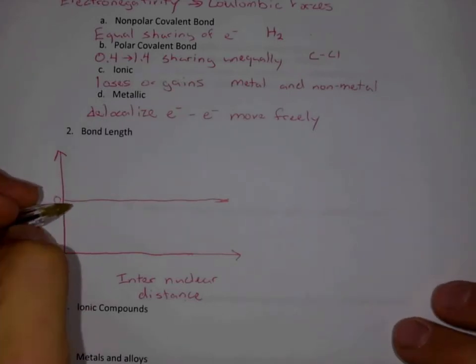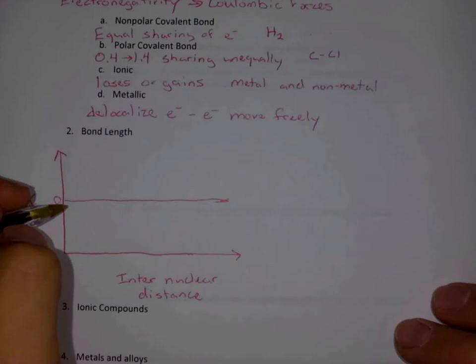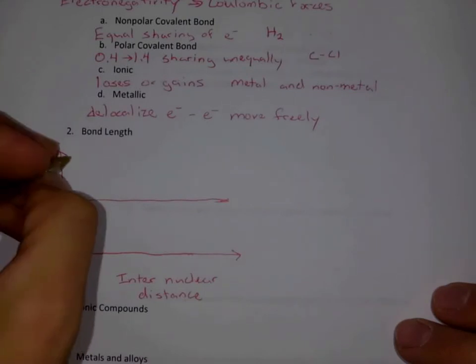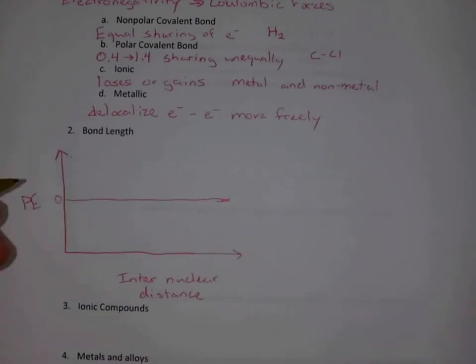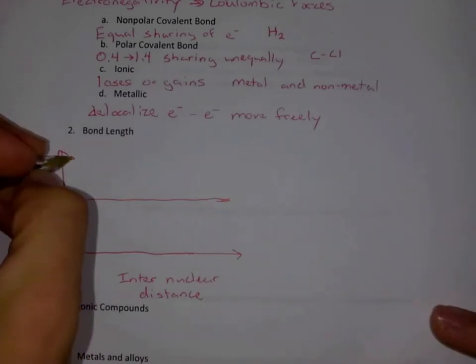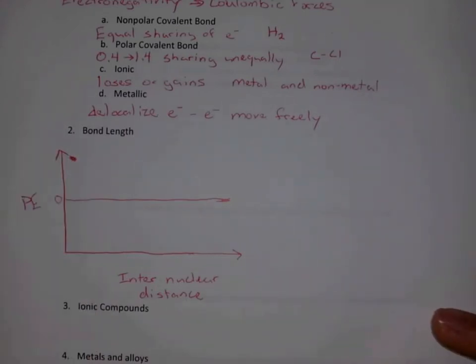When the atoms or the nuclei are really close together, we would have two positive charges getting closer and closer together, right on top of each other. That costs a lot of energy, so it's going to be up really high here.